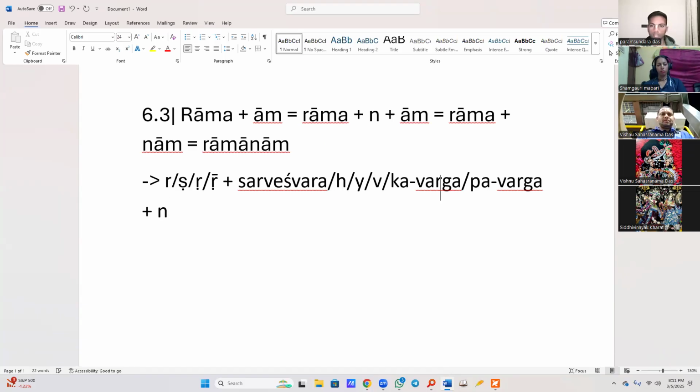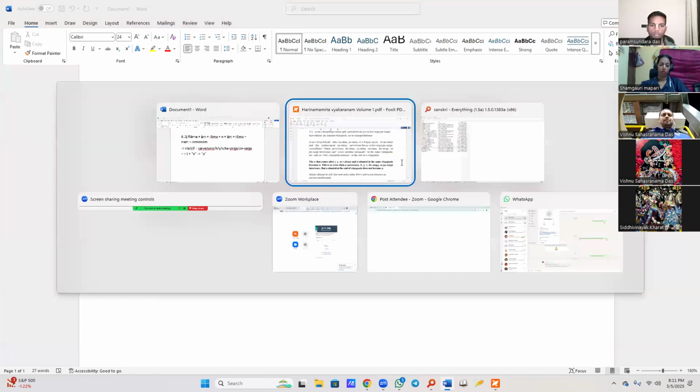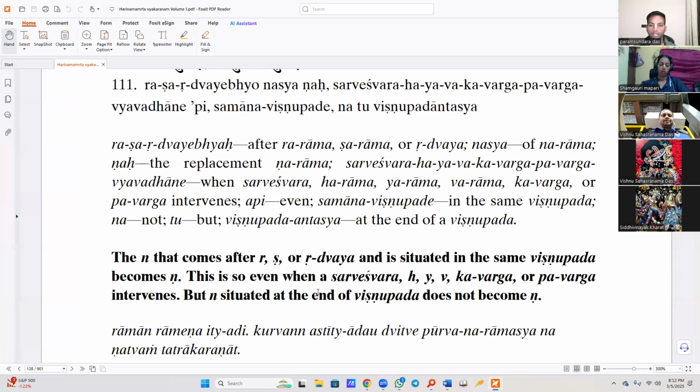So what happens is this Na will become Na. And this Na should be situated in the same Samana Vishnupada, in the same word.